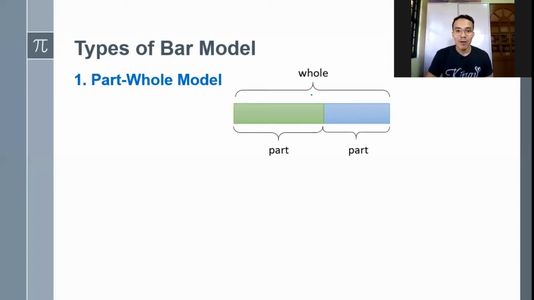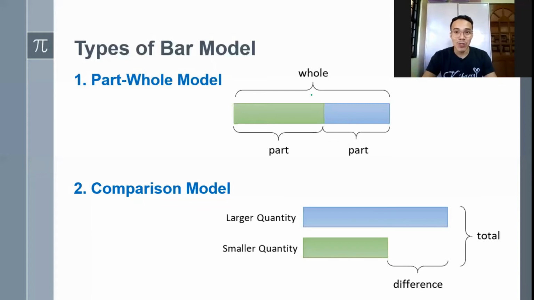Another type of bar model is the comparison model. Comparison comes from the word compare. And this is how it looks like. We have the larger quantity and the smaller quantity.